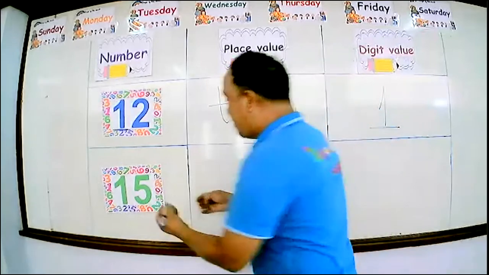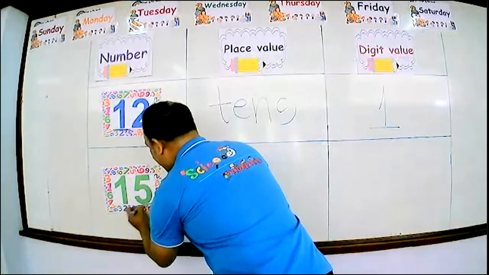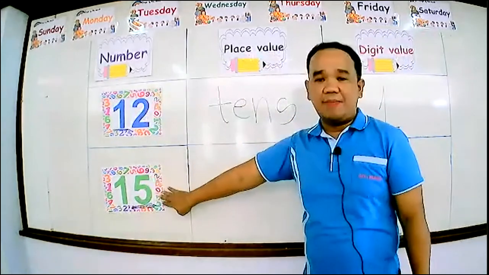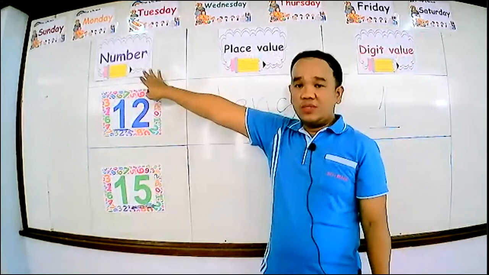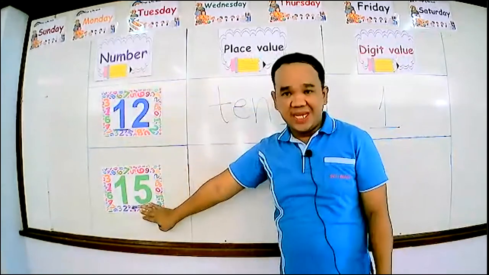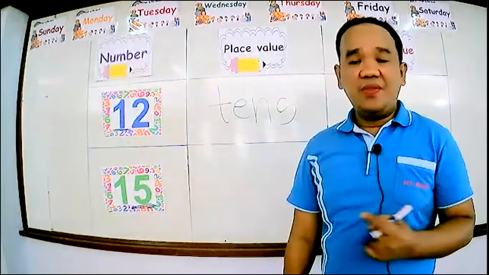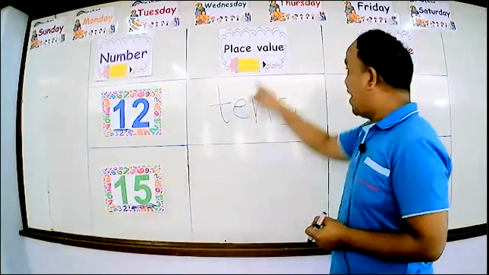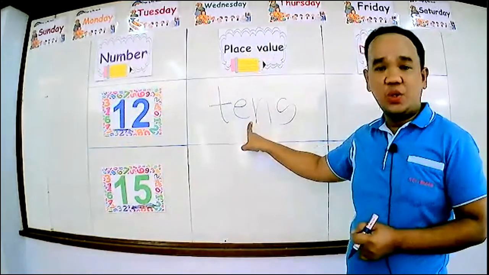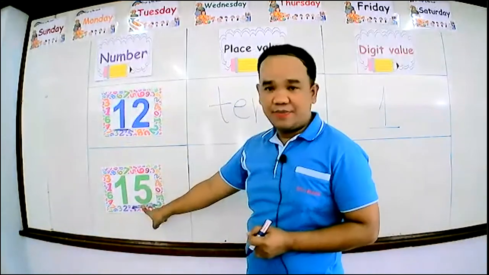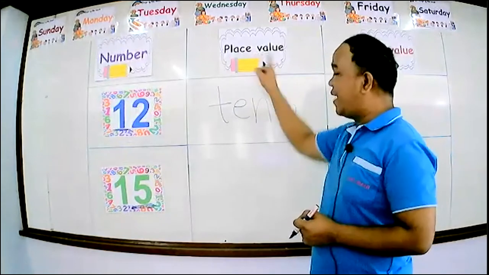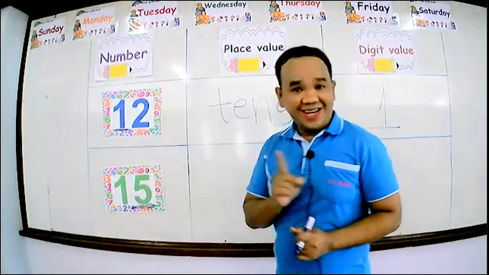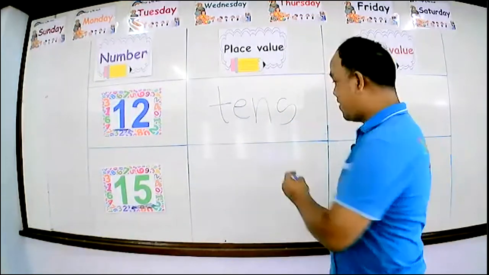How about here? Our underlined number is 5. Though the number is 15, the underlined number is 5. What is the place value of 5? The place value of 5 is ones. Very good.